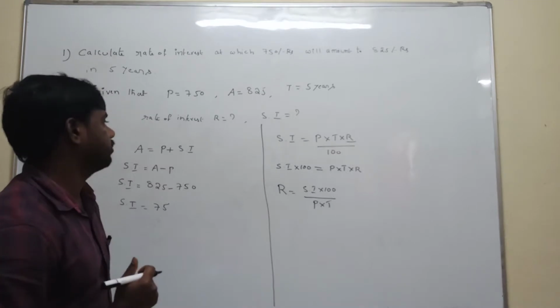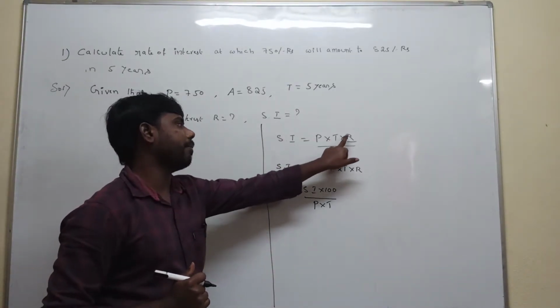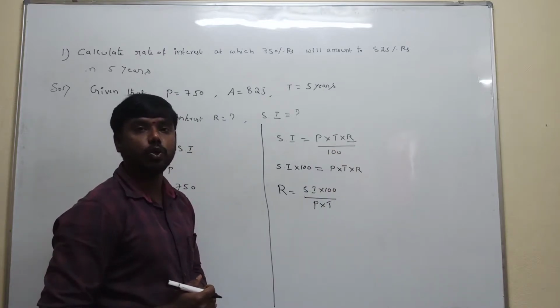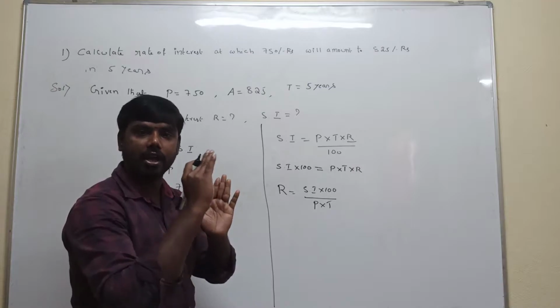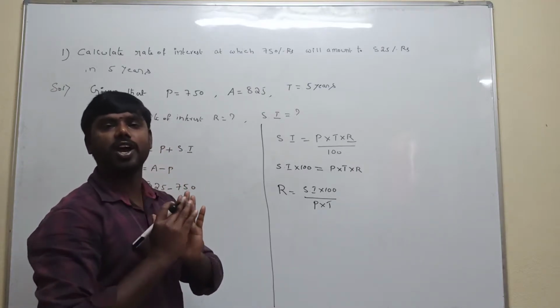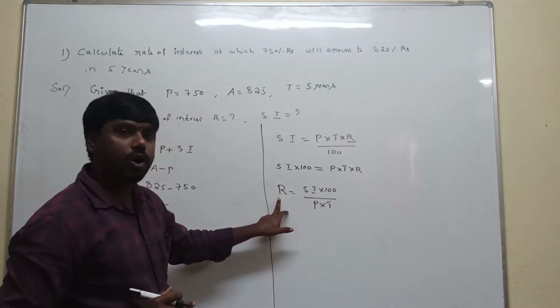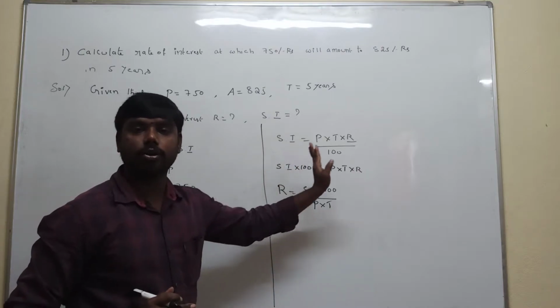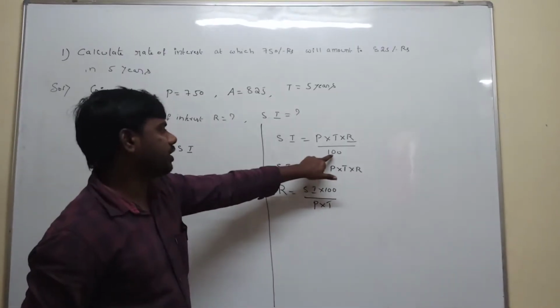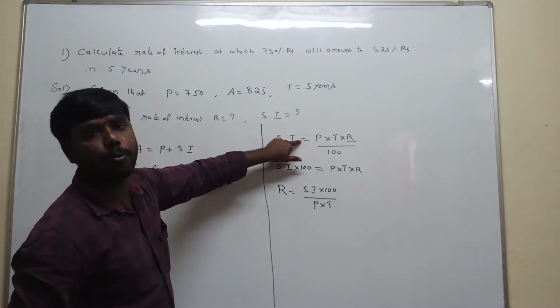Listen once again. Simple interest formula is PTR by 100. We need to calculate the R value. That's why only the R value we take to one side, and the remaining values to the other side. First, the denominator 100 cross multiplies with the left hand side numerator.